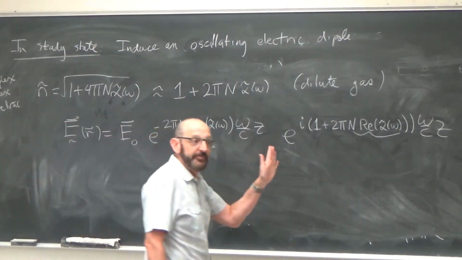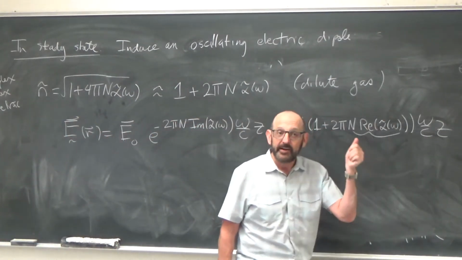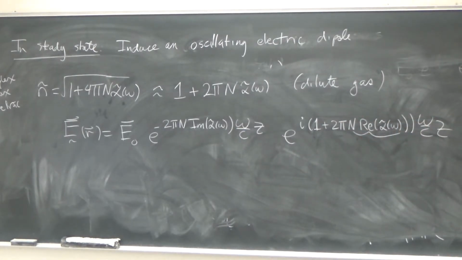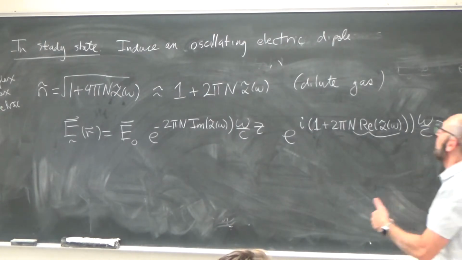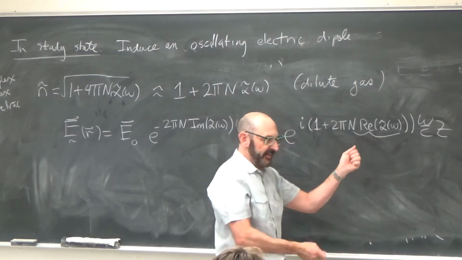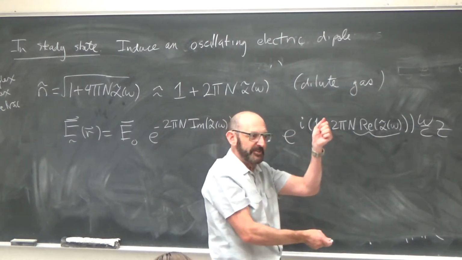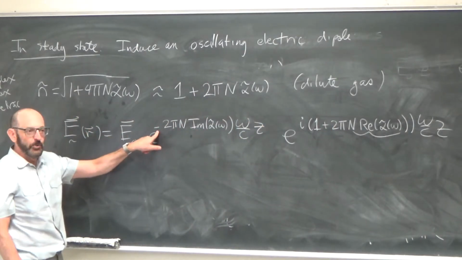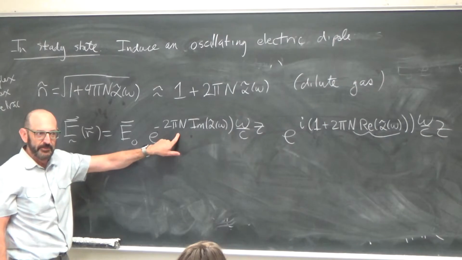Part of that was the phase shift. So the real part of alpha, the part having to do with the way in which I'm driving the oscillator in phase with the force, gives rise in the far field to a phase shift. The part that's in quadrature leads to attenuation of the amplitude, right?